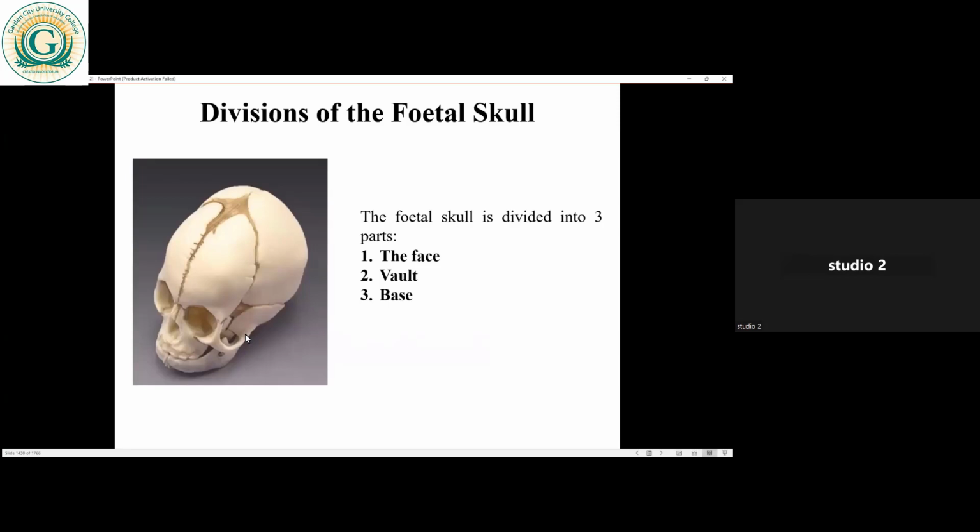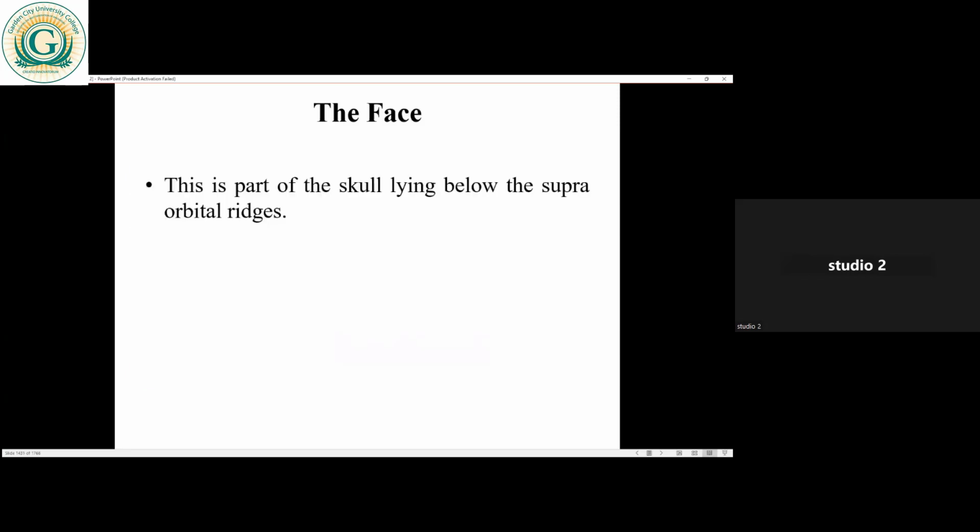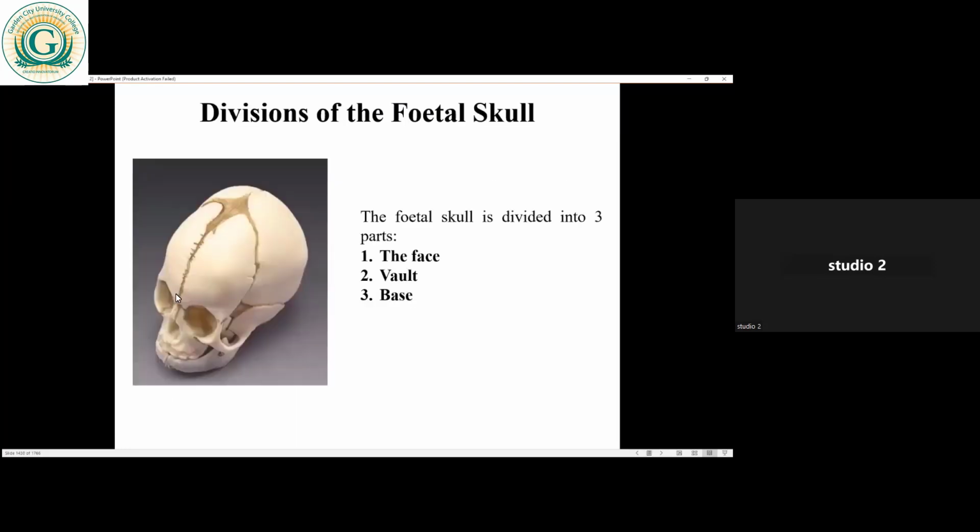Now, the face is not very important to a midwife or obstetric nurse. It starts from the supraorbital ridge, the part of the fetus lying below here. We are not very interested in the face because its bones do not change in shape during delivery.